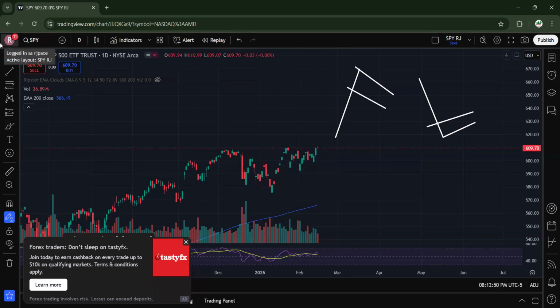All right. So we'll first talk about a bull flag. A bull flag pattern is a continuation pattern that tells you that a stock is more than likely to continue to the upside. Okay. So let's talk about the basics. What are the basic concepts that you use as far as finding a chart pattern?